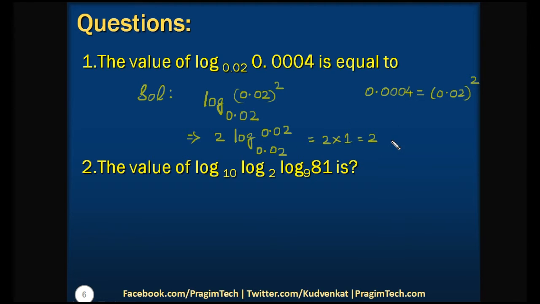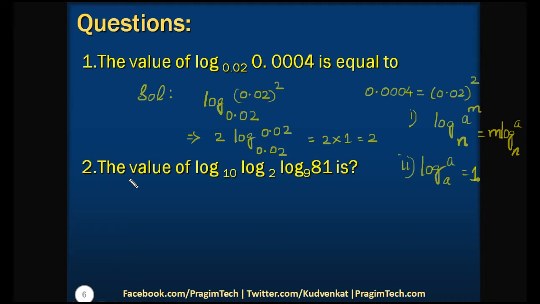Let's write the properties which we have used here. One is logarithm of a to the power m to the base n, which we can write as m logarithm of a to the base n. And the second property is logarithm of a to the base a is equal to 1, right?